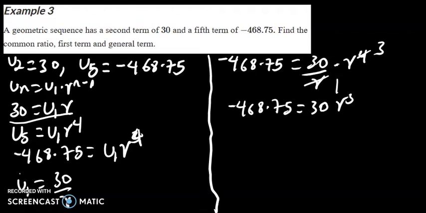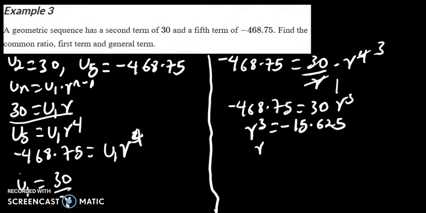You have the calculators, so let's calculate this. When you divide minus 468.75 by 30, you get minus 15.625.